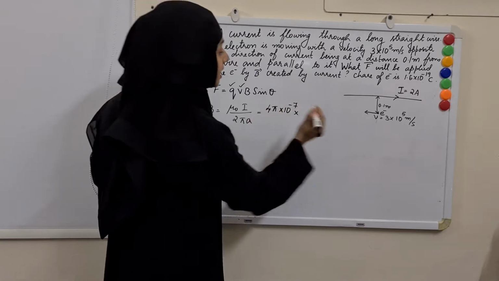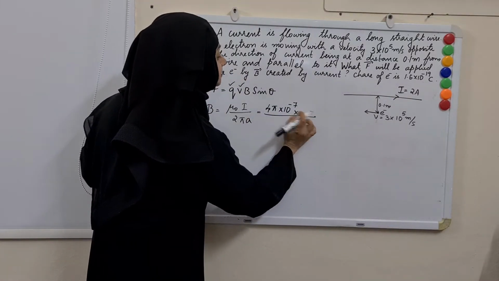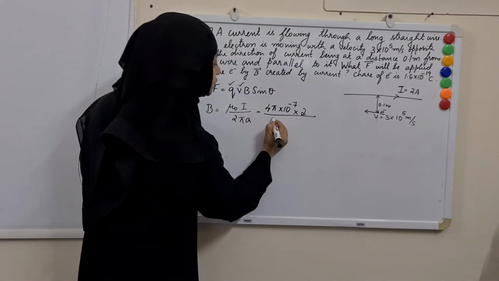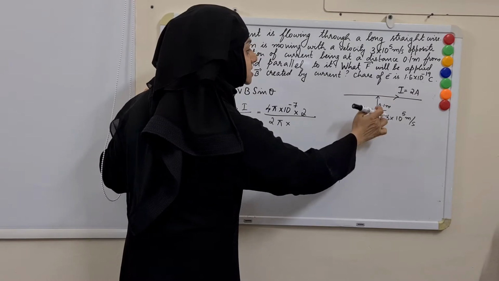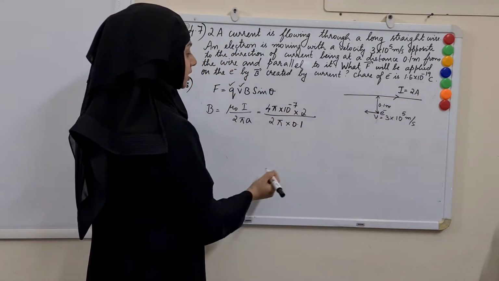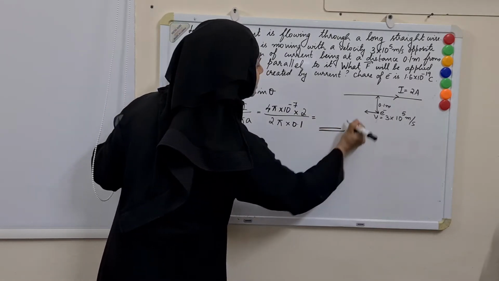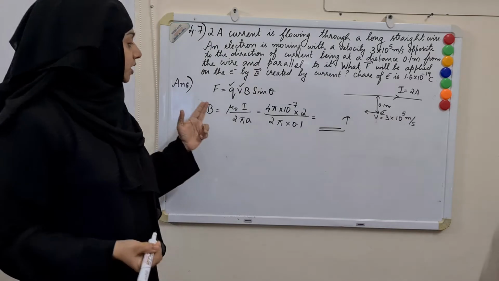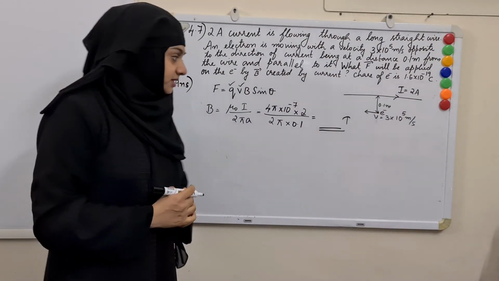And current I is given as 2, divided by 2 pi into A. A is this distance, 0.1. So, when you calculate, you will get the value of magnetic field in Tesla. You can do the calculation by yourself and find the value of magnetic field.